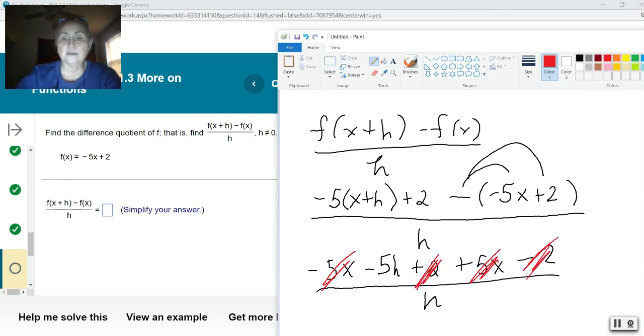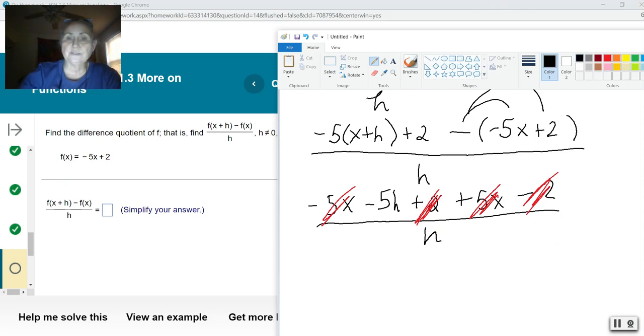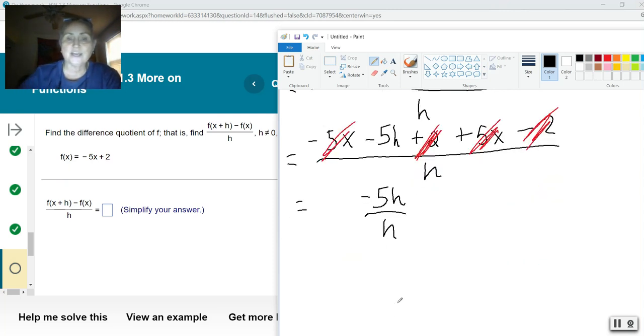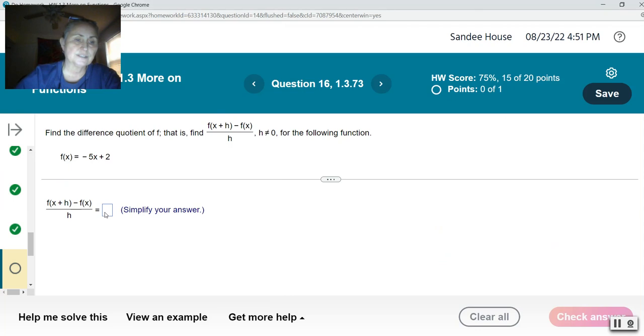Those are all canceled out now. And I'm left with, we should be putting equals here. This is for you future calculus students. Make your calculus teacher happy. -5h, and it might be me if it's business calculus, so learn to do this. -5h over h is -5. Same answer. Okay, so our answer here is -5.